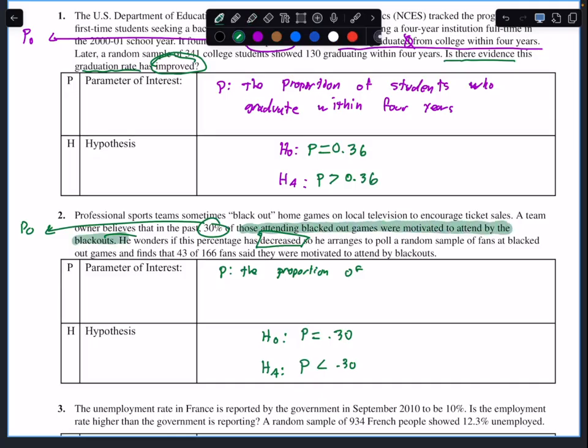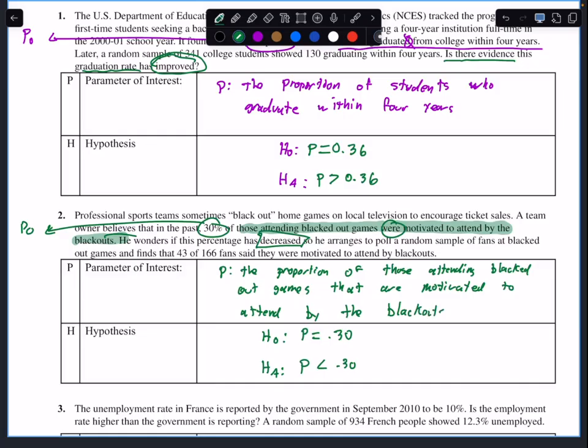So I'm going to write that: the proportion of those attending blacked out games that are motivated to attend by the blackouts. It's 'are', not 'were', I have to be careful there, because 'were' is the sample. And that's real information. That's what's really happened.